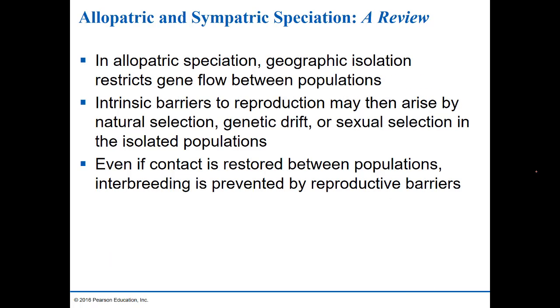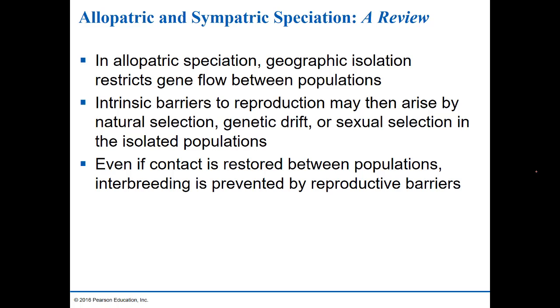So to review allopatric and sympatric speciation, allopatric speciation involves geographic isolation that restricts the flow of genes between populations. So there's some geographic barrier that prevents you from mating with someone else. Intrinsic or natural barriers to reproduction may then arise by natural selection, genetic drift, or sexual selection in isolated populations.